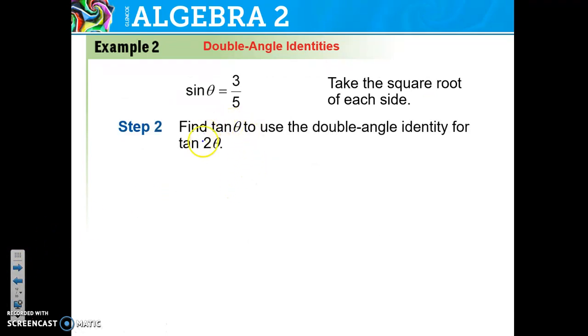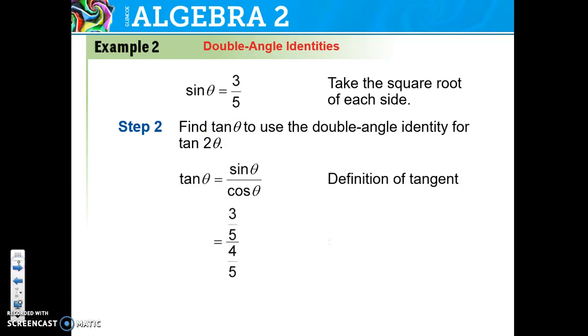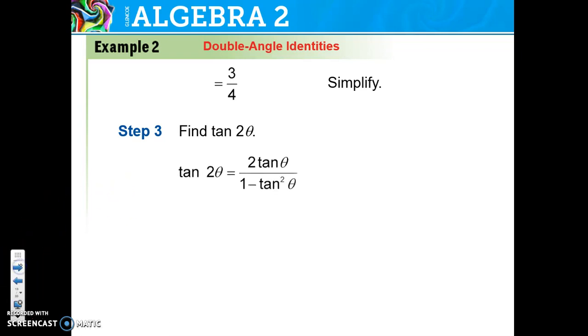So now I'm going to use tangent theta to get the double angle identity for tangent of 2 theta. I know that tangent is sine over cosine, and I have my sine and cosine values, so when I simplify that, I get 3/4. So I know that the tangent of theta is 3/4. So if I want to find the tangent of 2 theta, I use the double angle identity from the chart at the beginning of your notes.